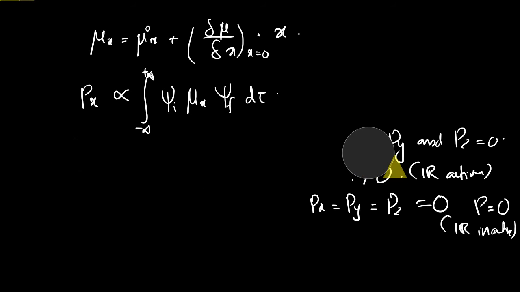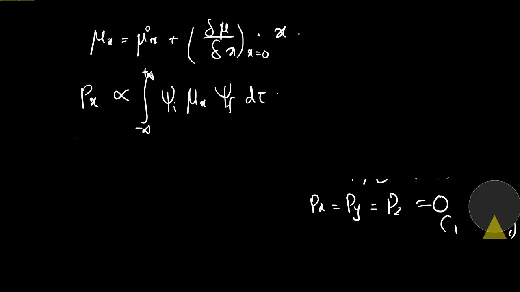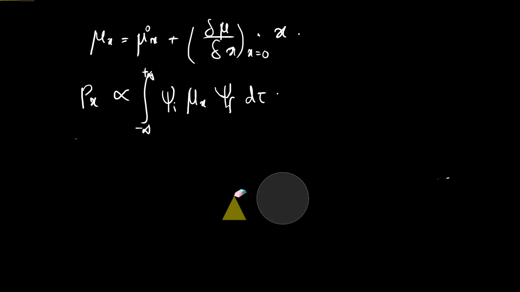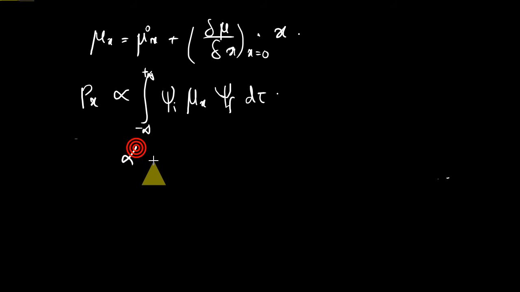I am going to substitute for mu x there. And when I am substituting for mu x in this equation, Px is proportional to the integral from minus infinity to plus infinity of psi I. What is the expression for mu x?